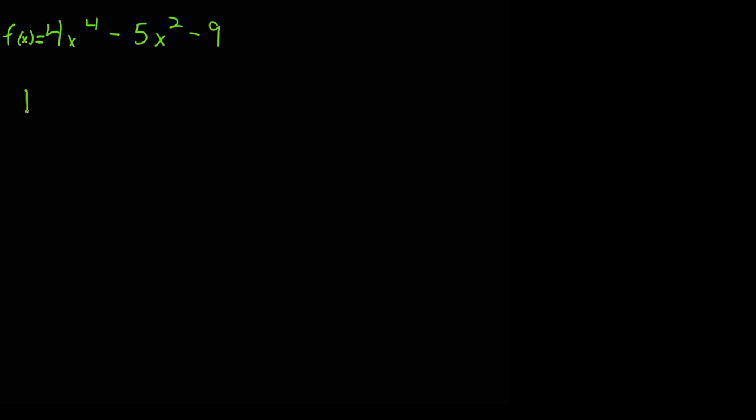Let's look at all the possible factors of our constant. So plus or minus 1, plus or minus 3, and plus or minus 9. And we'll look at all of our factors of our leading coefficient.